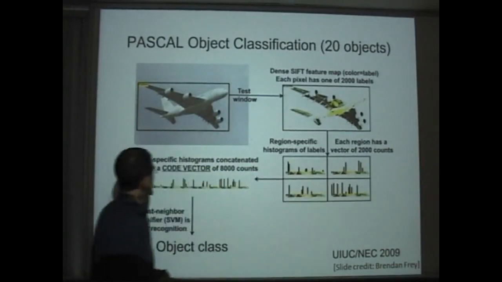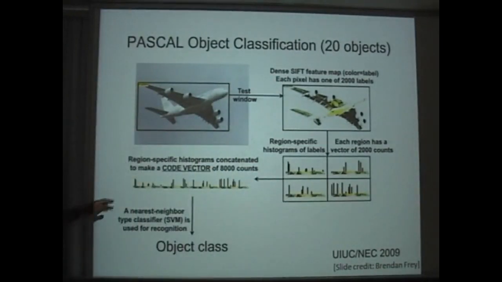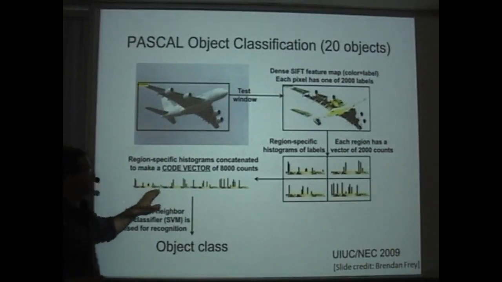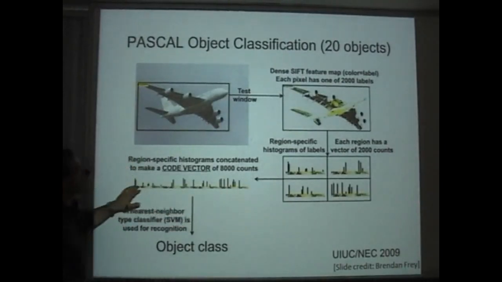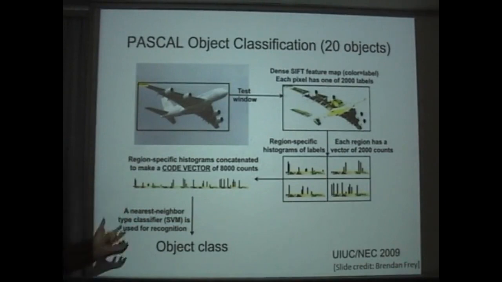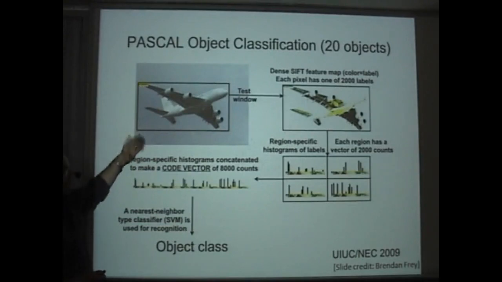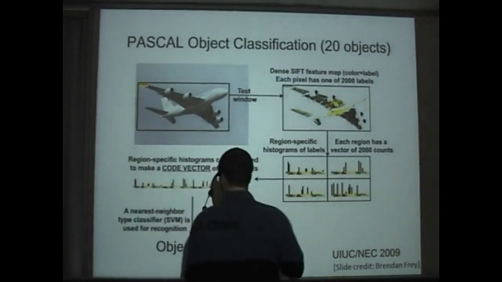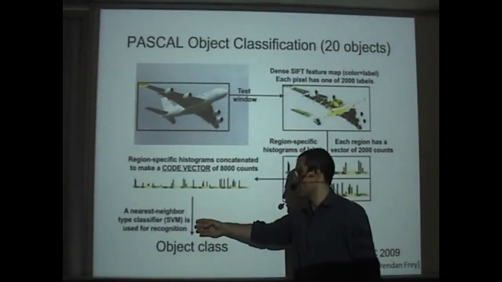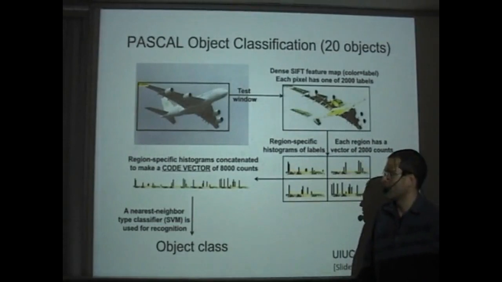So overall, they end up with a histogram with a total of 8,000 entries that summarizes the contents of an image. It's like a fingerprint. This histogram is a fingerprint of that image. And similarly, you can compute a fingerprint for any image that you're interested in.